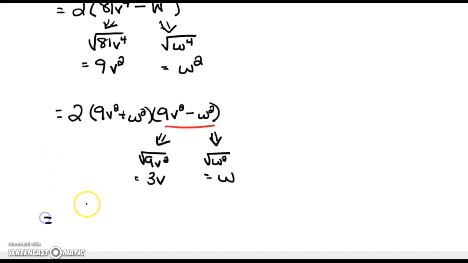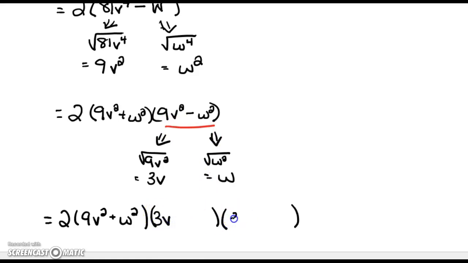I'm going to rewrite our first two items here. So we have 2 times 9v squared plus w squared. Then I'm going to draw my two empty brackets again for our second set of brackets to do that difference of squares. On the left side goes our first term, which is 3v, and on the right side we have w.